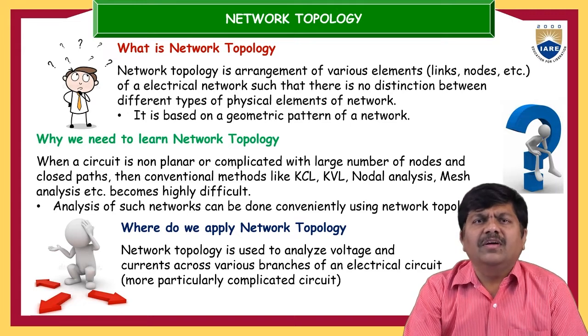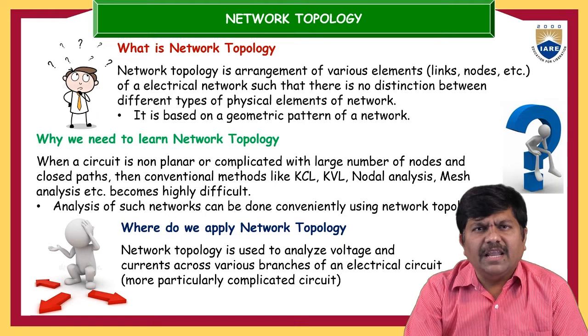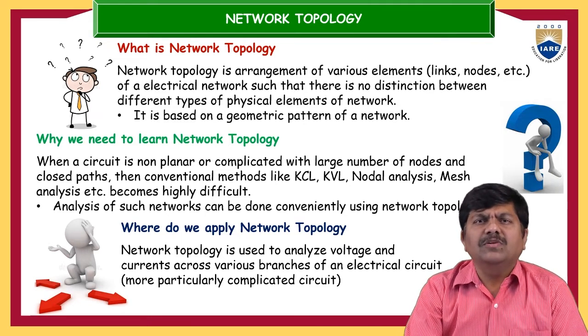That is a way of representing the network topology. It is based on the geometric pattern of a network: in what shape the basic elements were connected, so what is the geometrical arrangement of the various components. That is nothing but the topology. Based on that name only, we represent the network in the topology form. So that's why this is network topology.